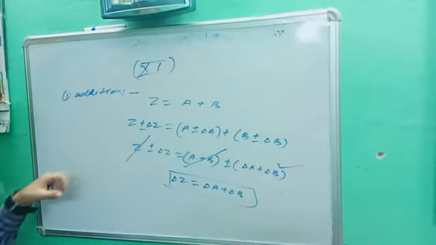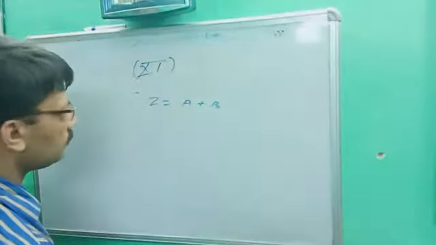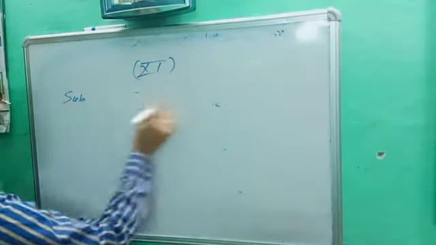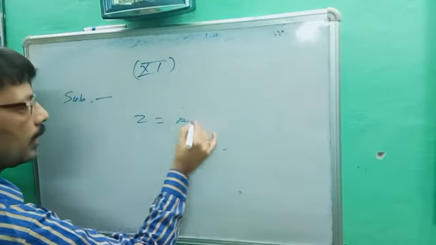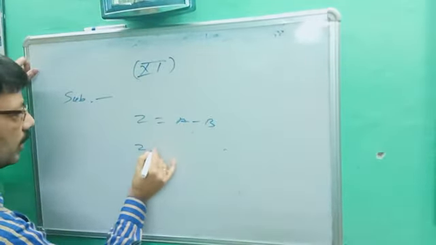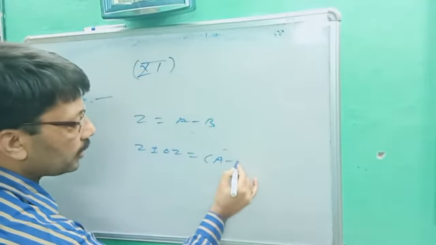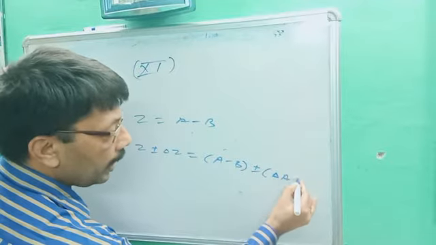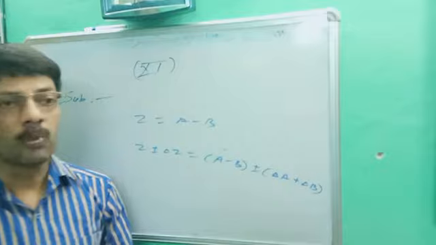Okay. Second, in subtraction. In subtraction, its formula will be Z is equal to what? A minus B. So its formula Z plus minus del Z is equal to A minus B, but inside plus minus it will be del A plus del B, because we are getting 4 conditions and this is the most probable error.